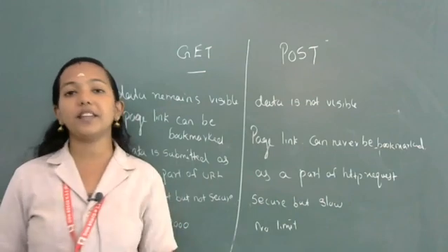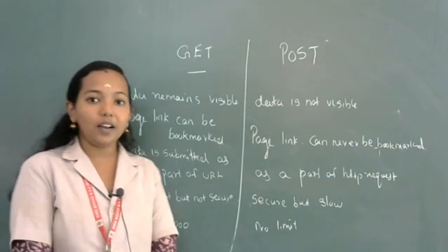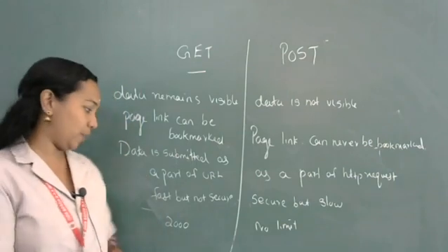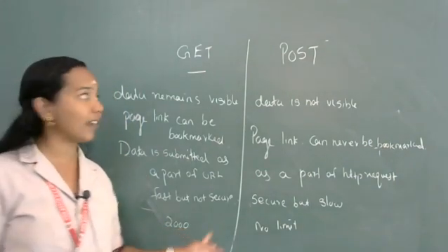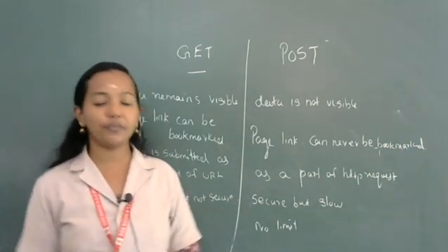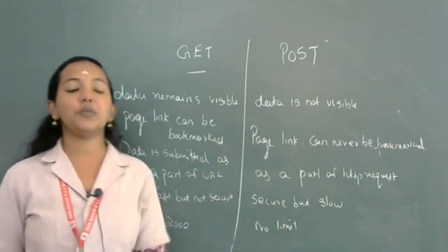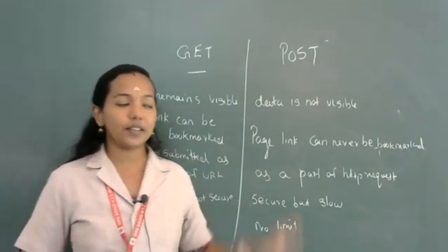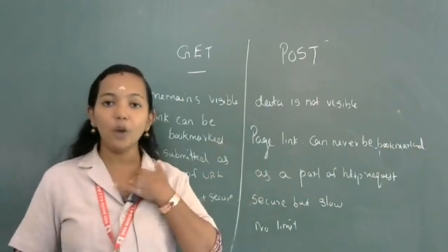The most effective method is post method because it is secure, but it is slower than get method. Using get method we can only send 2000 characters, but in post method there is no limit. Any number of characters we can send. So this is the comparison between get method and post method. It's a very important question.